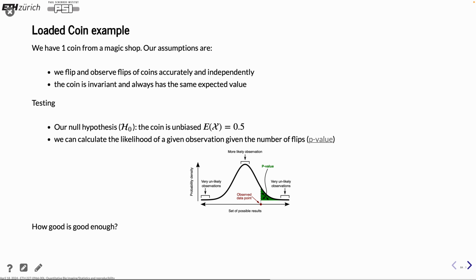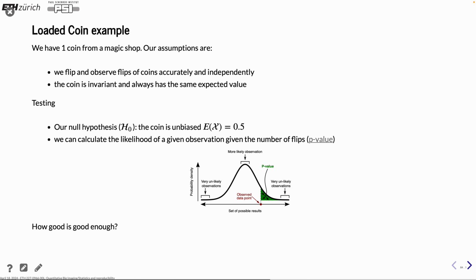So let's come back to our coin from the magic shop. Our assumptions were, if we flip and observe the coin accurately and independently, and that the coin is invariant, it should always have the same expected value. So our testing with the null hypothesis is the coin is unbiased.